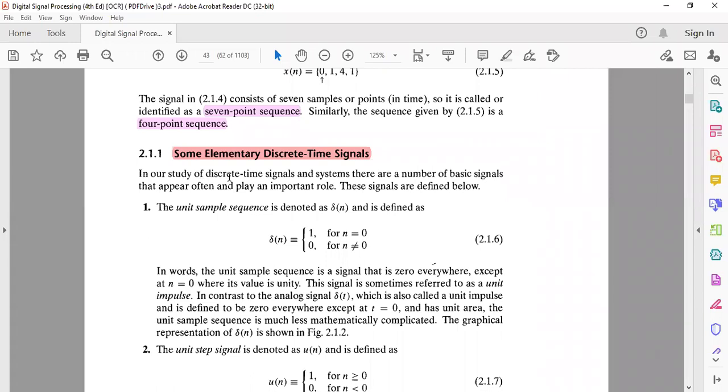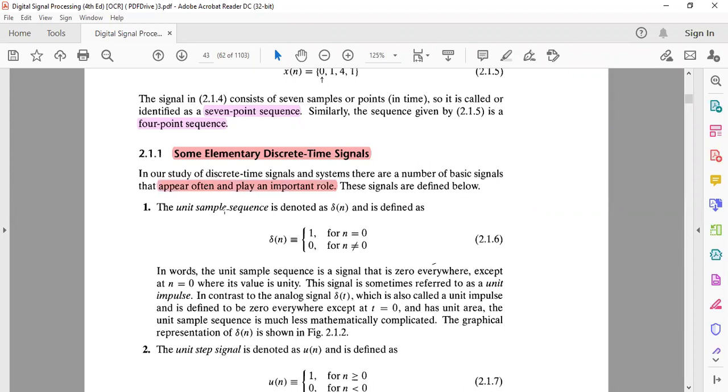We say in our study of discrete time signals and systems, there are a number of basic signals that appear often and play an important role. And these signals are defined below.